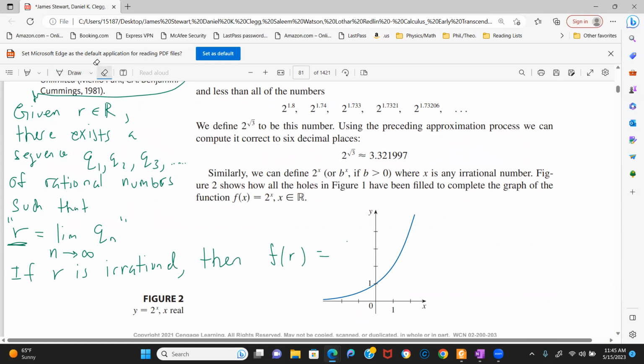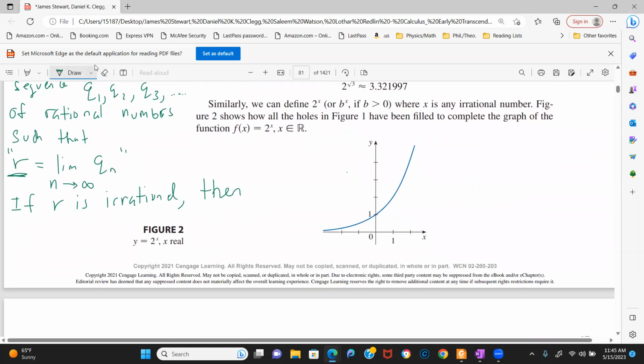Let me see. Run out of room here. So let me say then f of R is going to be the limit as n goes to infinity of f of Qn, which is the limit as n goes to infinity of b to the Qn.